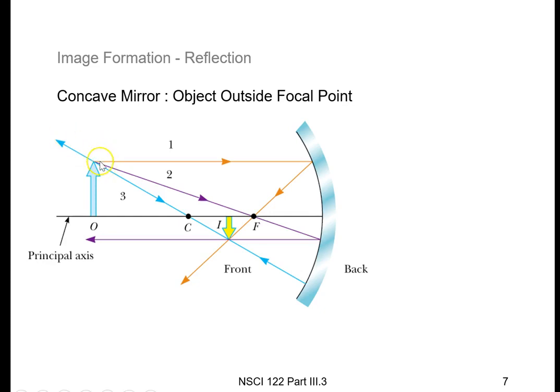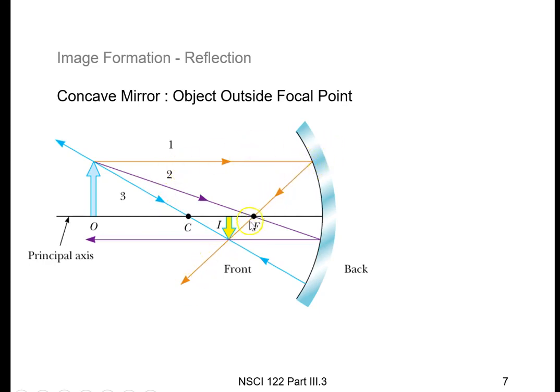So the first ray that they have drawn in this picture is from the tip of the object. We always are going to image the tip of the object, and they draw this orange ray which is parallel to the optic axis. Well, by definition, that has to be reflected through the focal point, because any ray that's parallel to the optic axis is going to get reflected through that focal point.